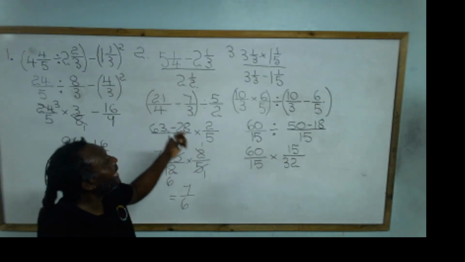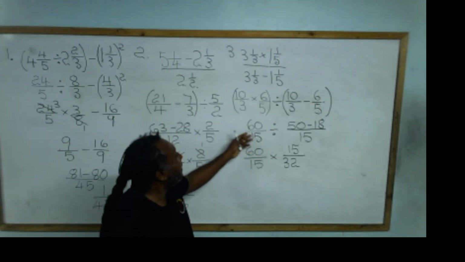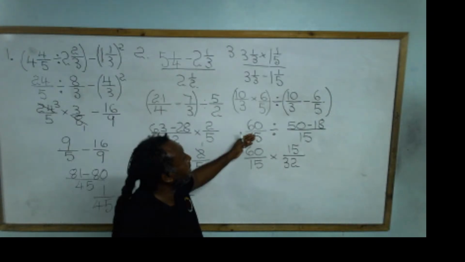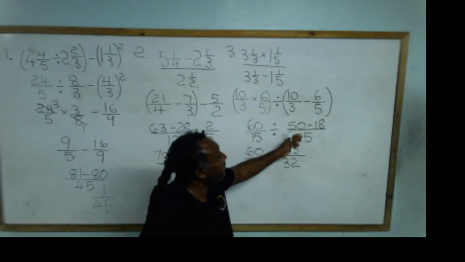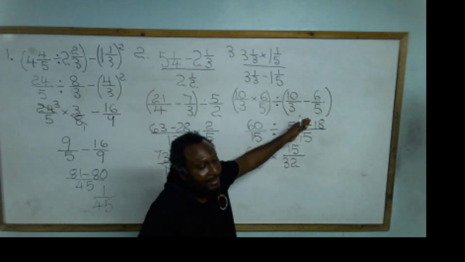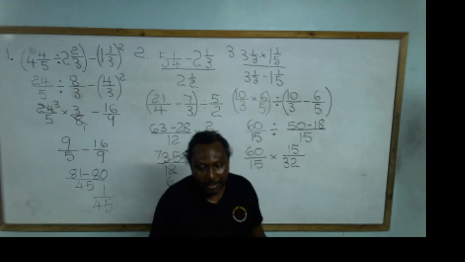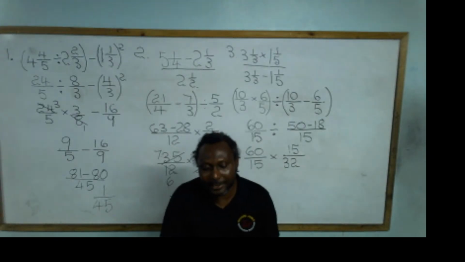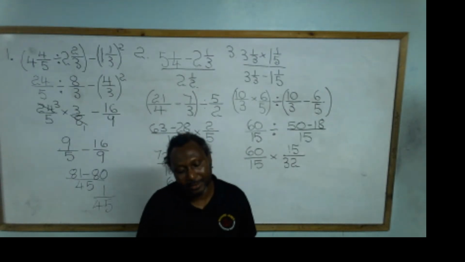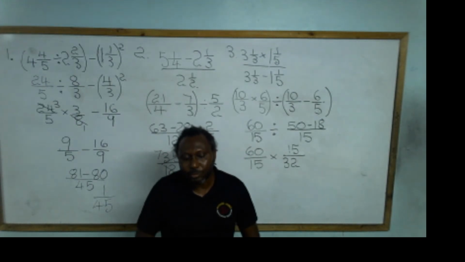Because I understand that we're going to have a 60 over 15 here. The common denominator here is 15. We're going to do the reciprocal. And when we do the reciprocal, the 15s will cancel. It is good if you can see things before they happen like that. That will make your life easy.